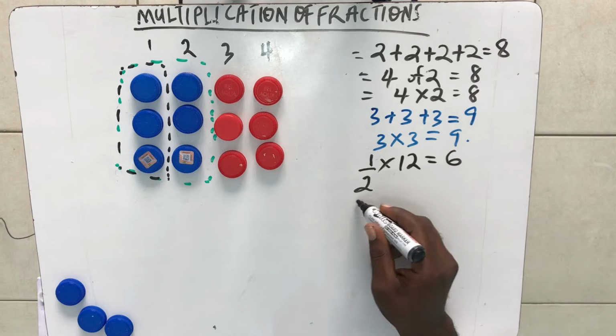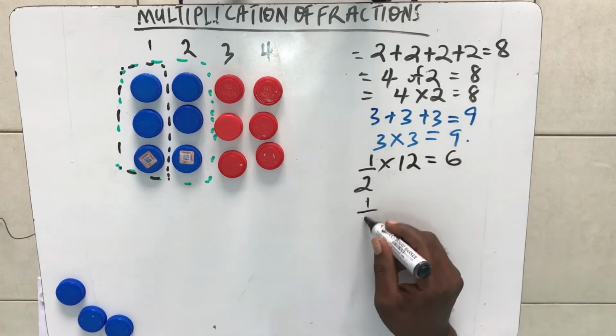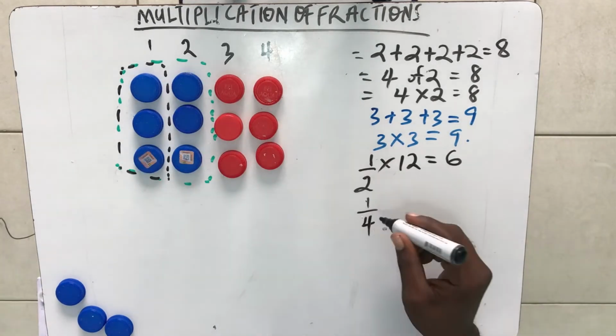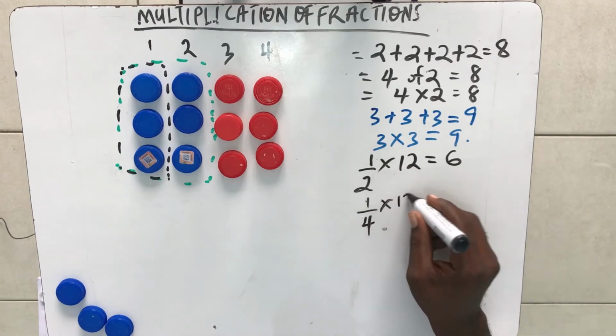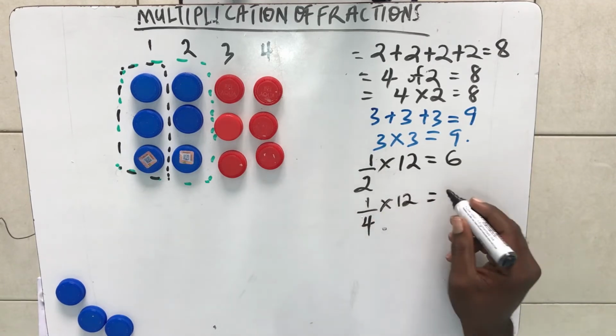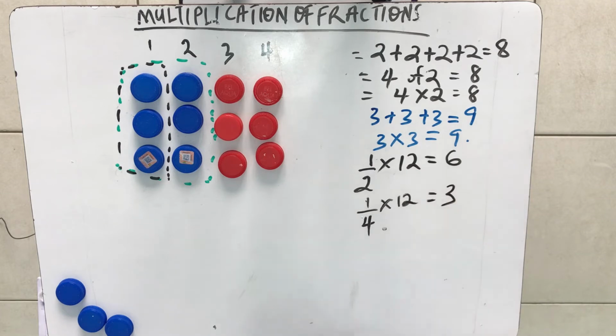So that would be 1 out of 4 of the total of the 12, and we have 3 things here. So basically that's the idea with which we multiply fractions.